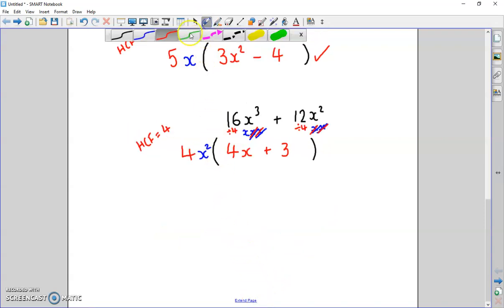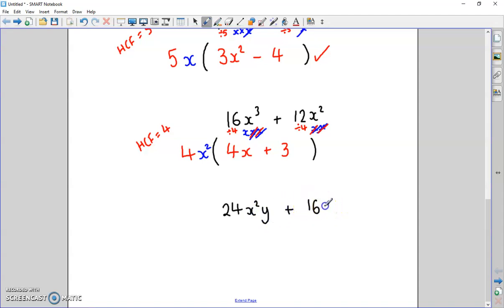Right, last one for this little video of single bracket factorising. If we had 24 x squared y plus 16 x cubed y squared. Well, that looks really horrible, but it's okay.